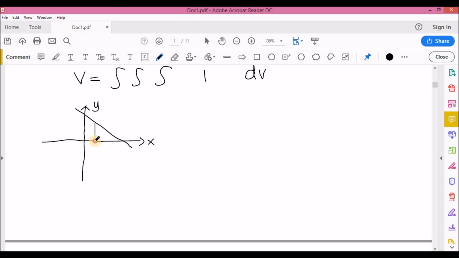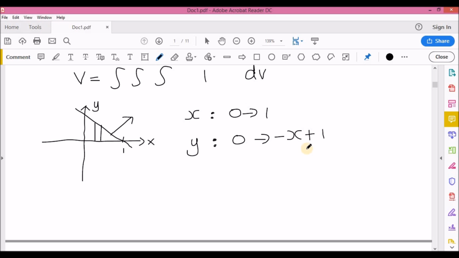You have to use the vertical or horizontal strip technique in order to define the interval for x and y. So the interval for x will be from 0 to 1, and the interval for y will be from 0 up to negative x plus 1, which is the equation of this line.